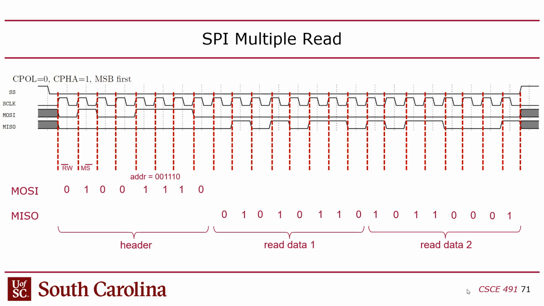So I think the way this works is the reason you know it's 2 is because the master cut it off using slave select, right? The master ended it after 2, right? But if the master had kept slave select low, the slave would be expected to keep it going, keep sending bytes, right? But then you might say, well, wait a second, if that's the case, then why do we need the multiple and single bit at all?